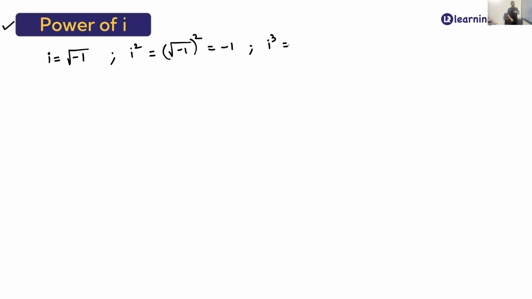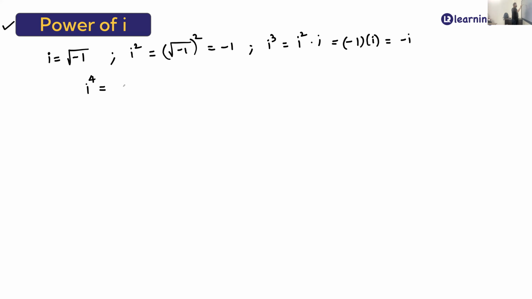I cube will be I square into I. So let's take the combination of these two. I square is -1. I is I only. So -1 into I is going to be negative of I. Is that point clear? Okay. Similarly, what is going to be the value of I power 4?